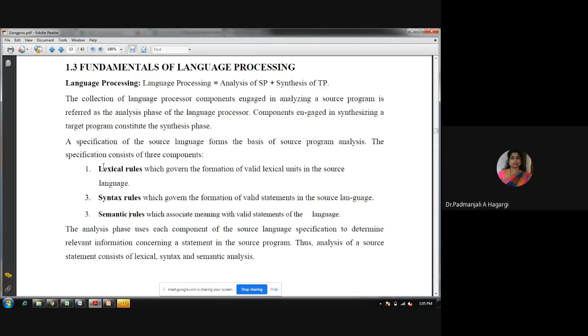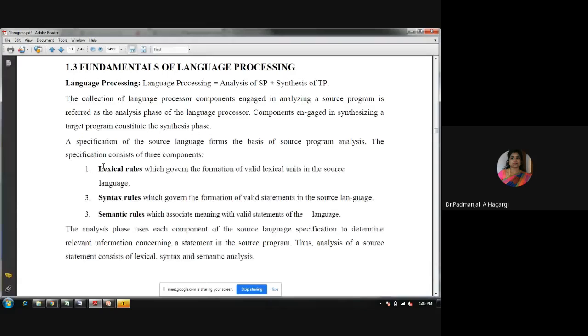It belongs to some English-like language. To understand their own specifications of the language, they themselves have the compilers.